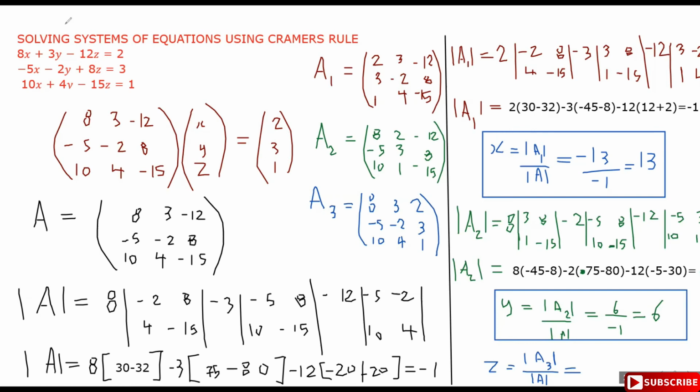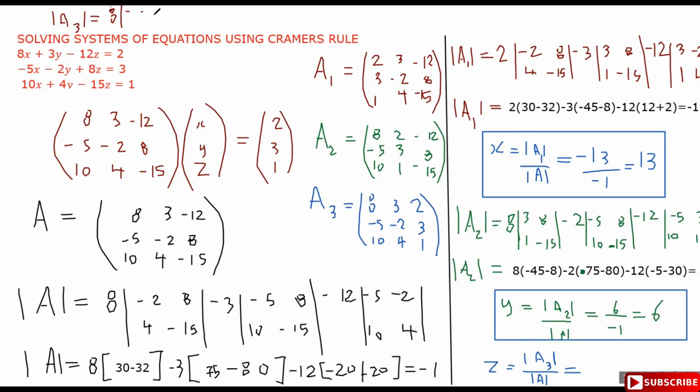So now the determinant of A3, let's write it up here, just cause a lack of space. The determinant of A3 is going to be equal to 8 times the determinant of, cross this, minus 2, 3, 4, 1.